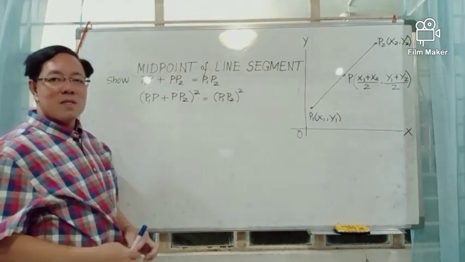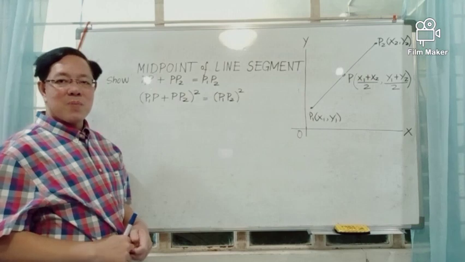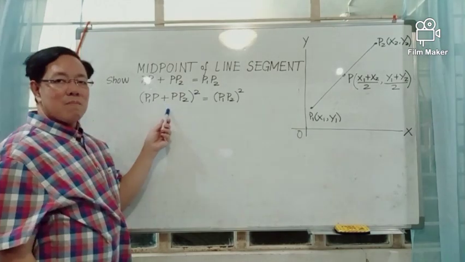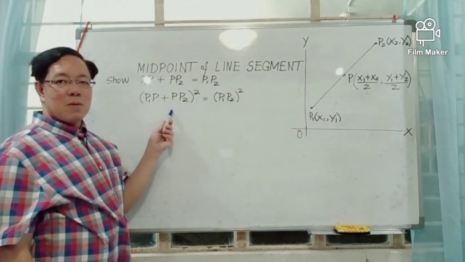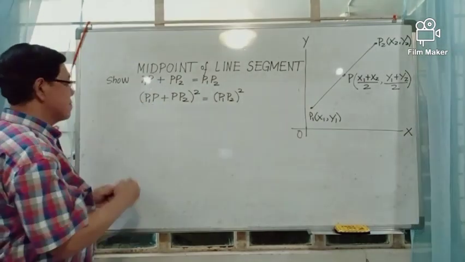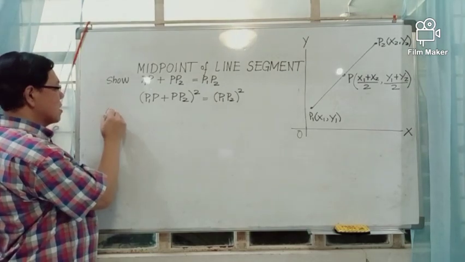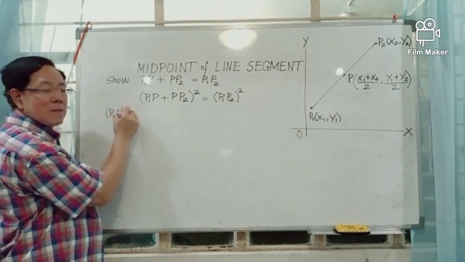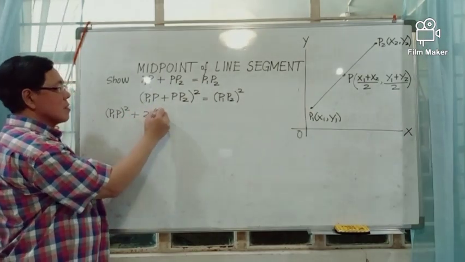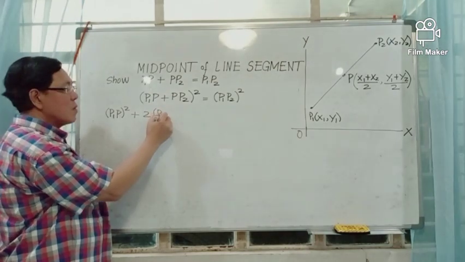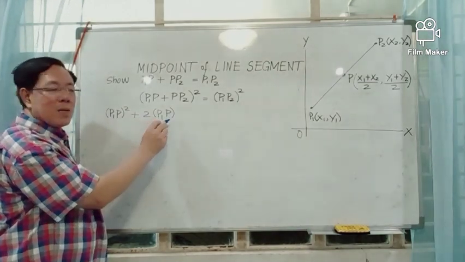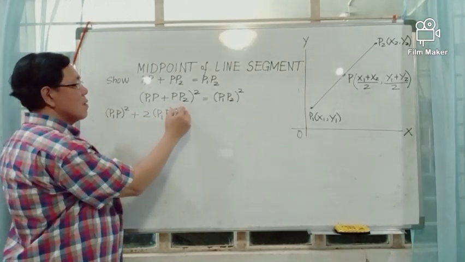For the left-hand side, we apply one of the product rules from algebra for the square of a sum. That special product rule says that the square of a sum is equal to the square of the first term, the square of the distance between P1 and P, plus twice the product of the two terms, twice the product of the distance between P1 and P, and the distance from P to P2.